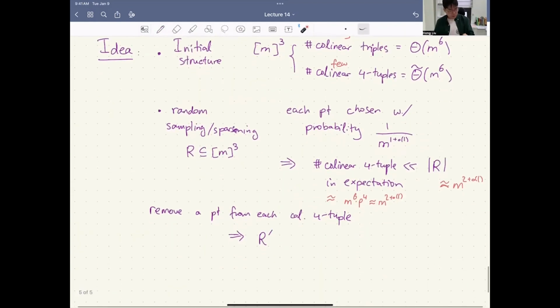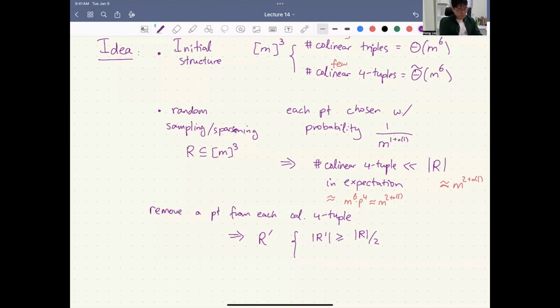All right. And alpha R prime is at most. So R prime is roughly what size?